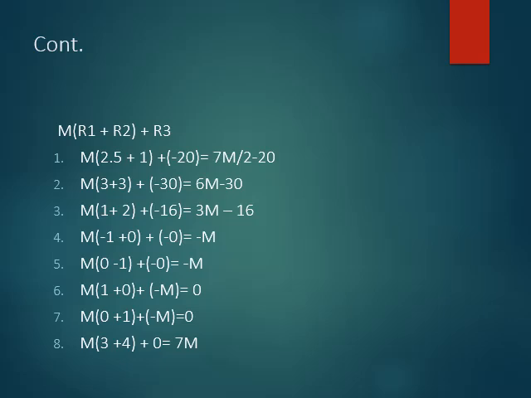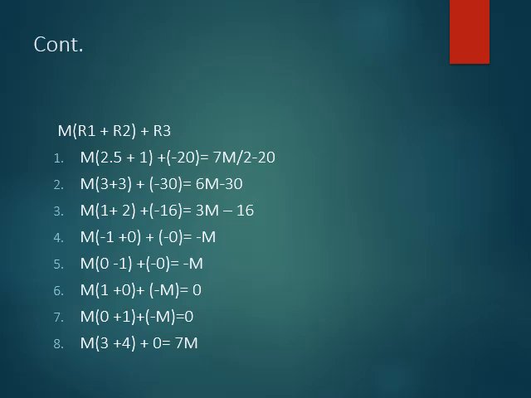The result would be 3.5M negative 20. 3.5 is 7 over 2, so it is 7M over 2 negative 20. M times 3 negative 30 is 6M negative 30, and 3M negative 16.